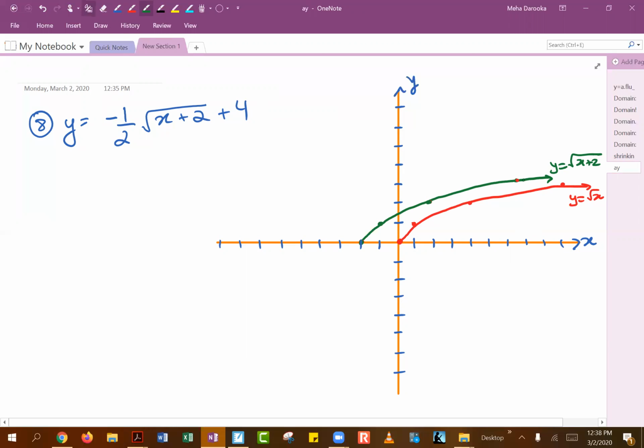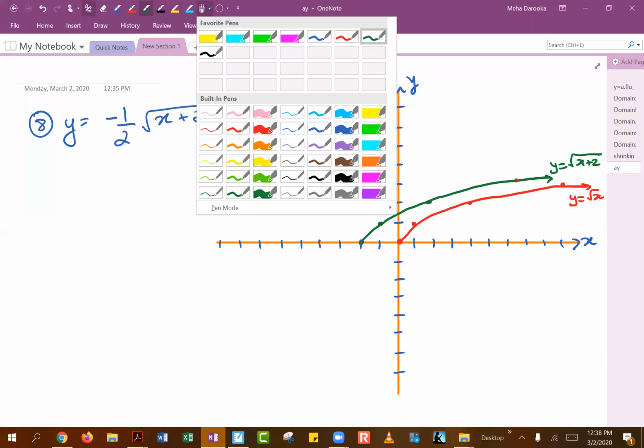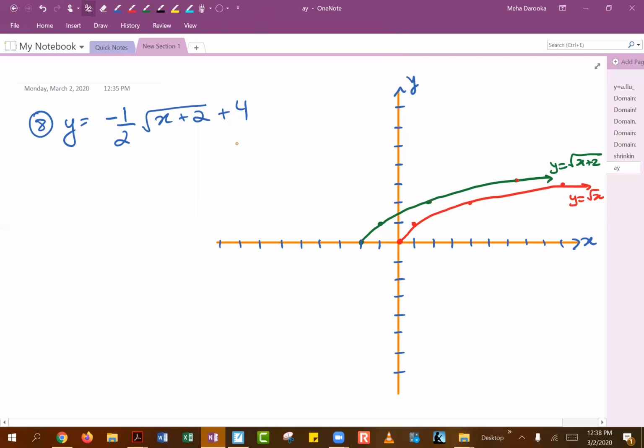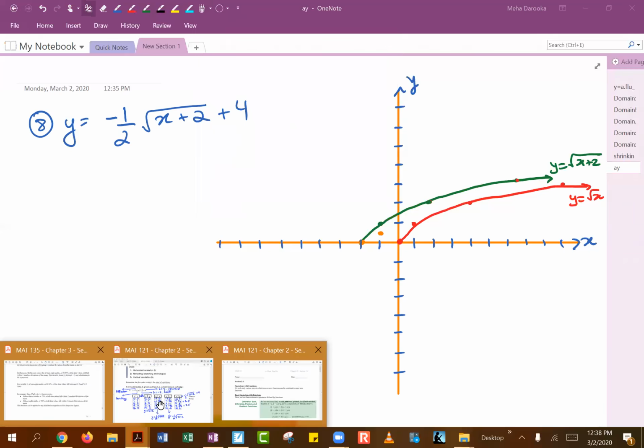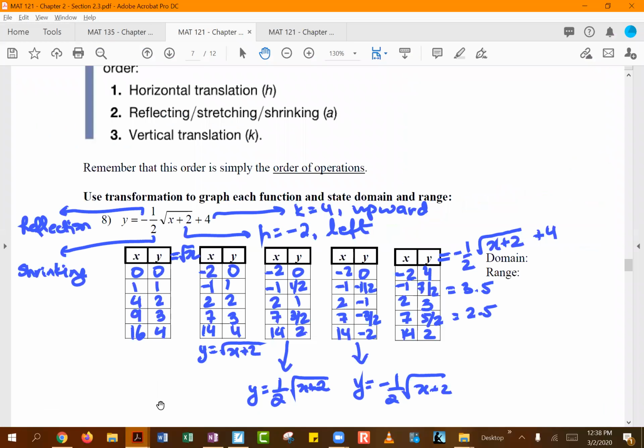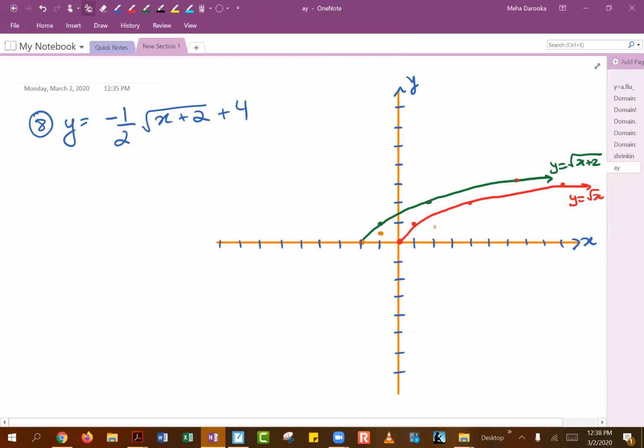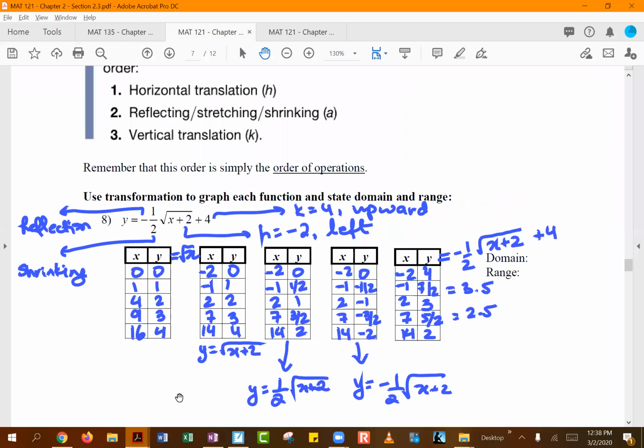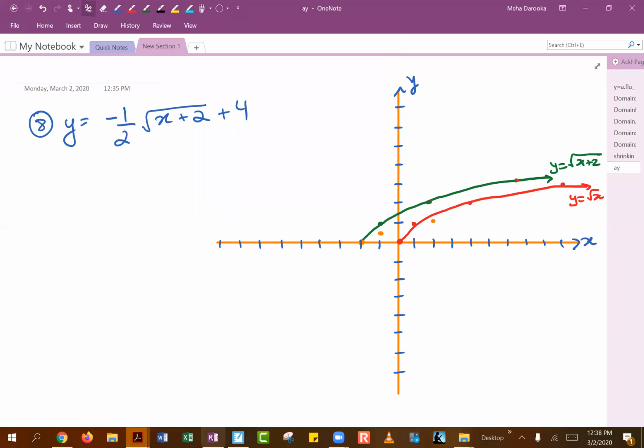Now comes the shrinking. So that was at 0, 0, but this guy should be 1/2 here. 2 and 1. 7 and 1.5.